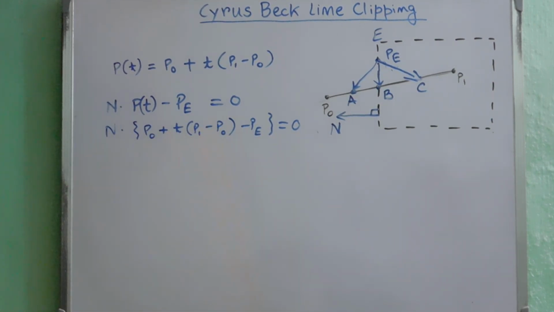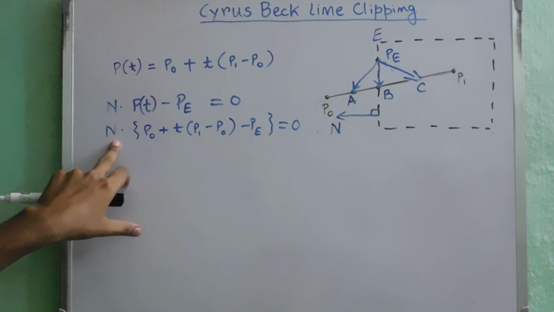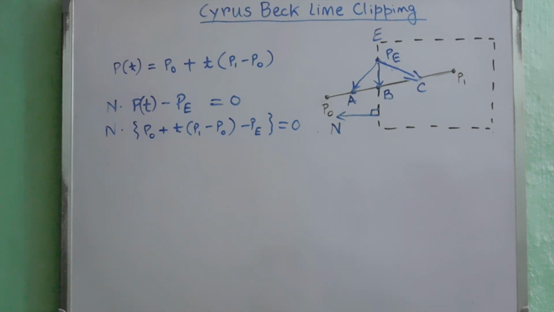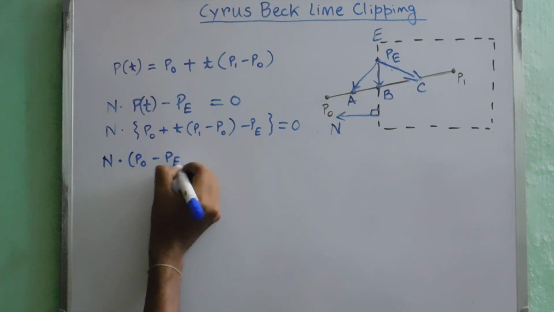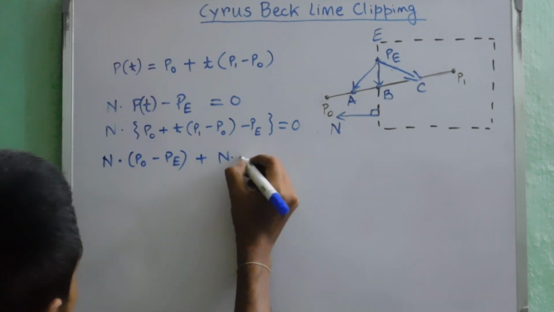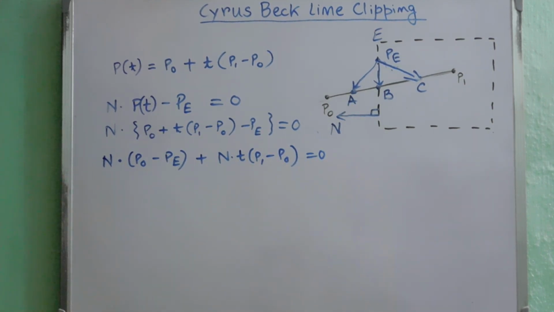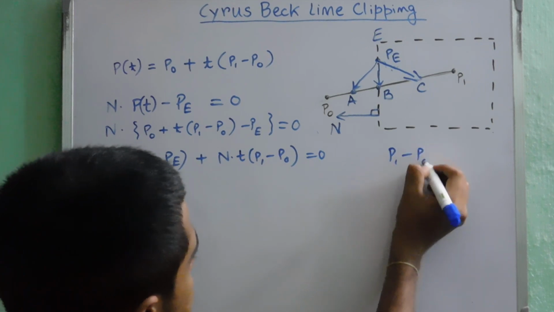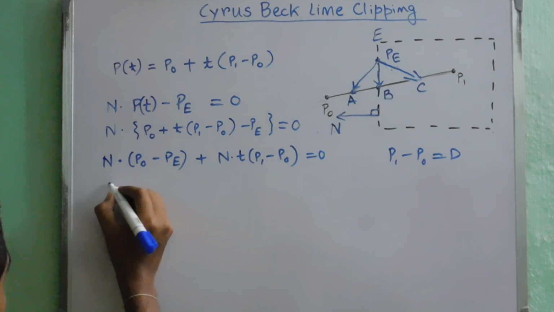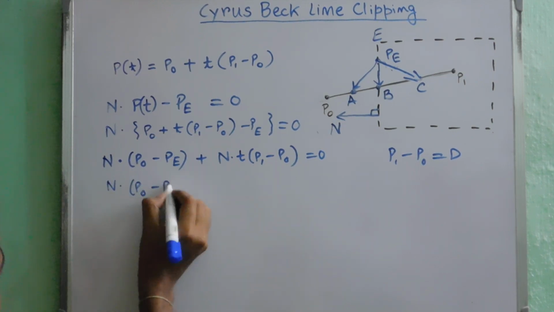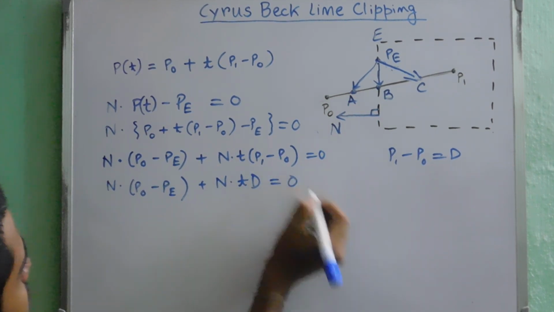I will apply the distributive rule and perform the dot product with each of the terms separately. So N dot (P0 minus PE) plus N dot T(P1 minus P0). Now I will consider P1 minus P0 as D. So I will replace it, which makes N dot (P0 minus PE) plus N dot TD equal to 0.